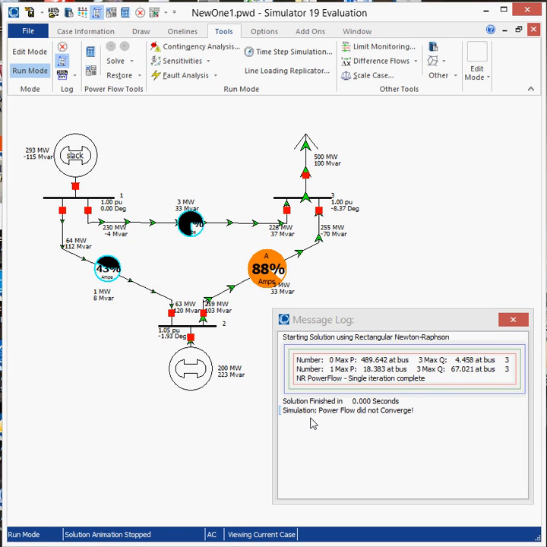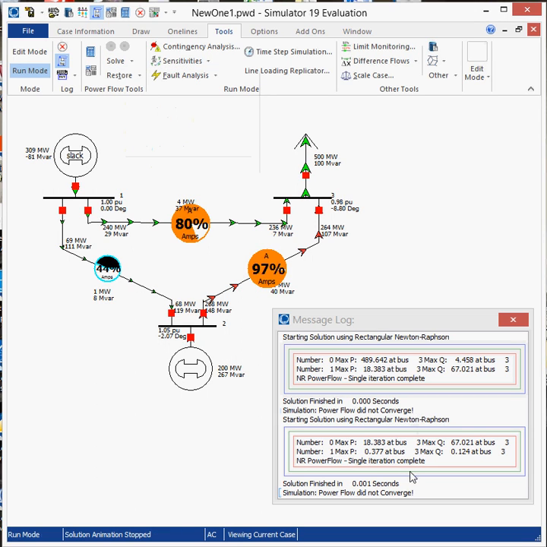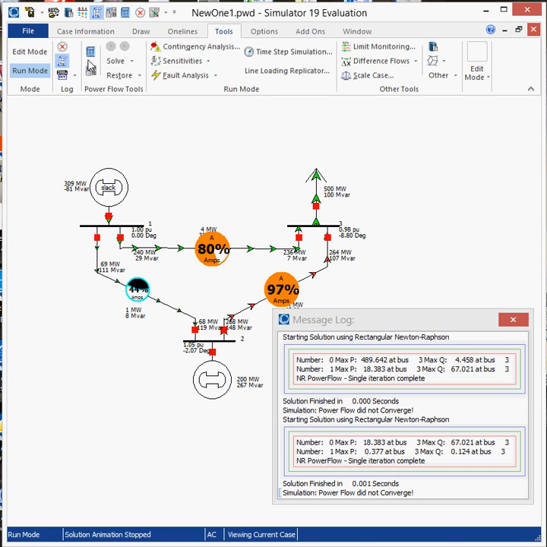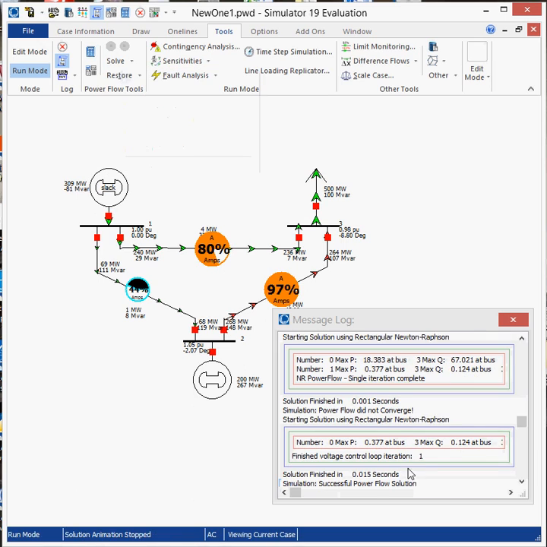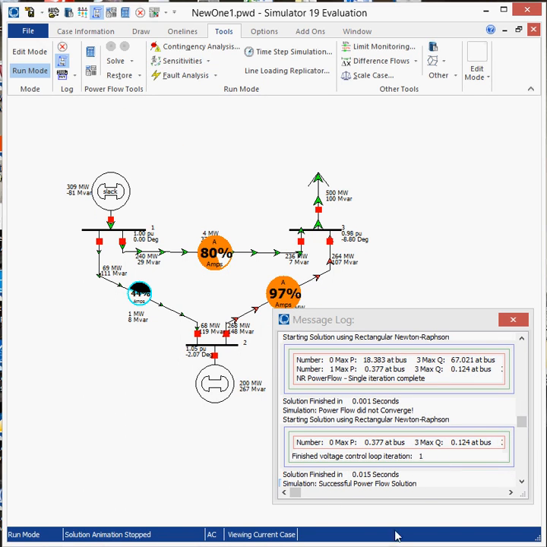So the simulation did not converge yet. So you need to repeat for the second iteration. So still not converged. So repeat again. So after the third iteration, your system has successfully converged. Okay.